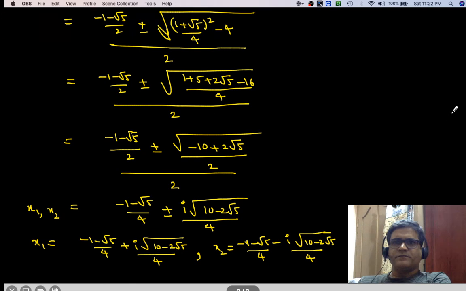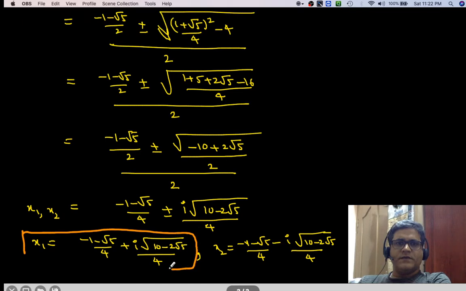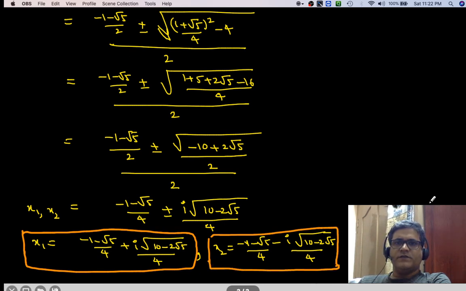So these are the two values, x1 and x2, the solutions of the original given fourth degree equation in x.